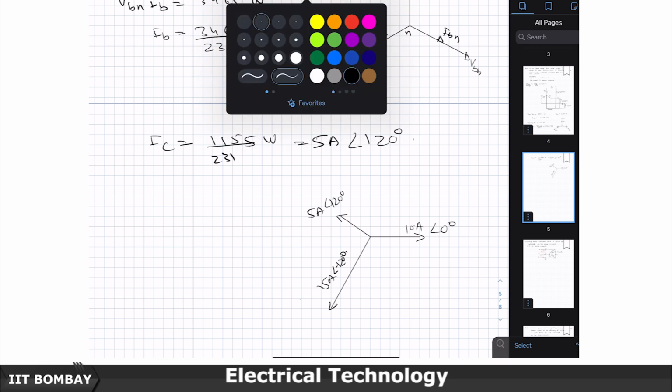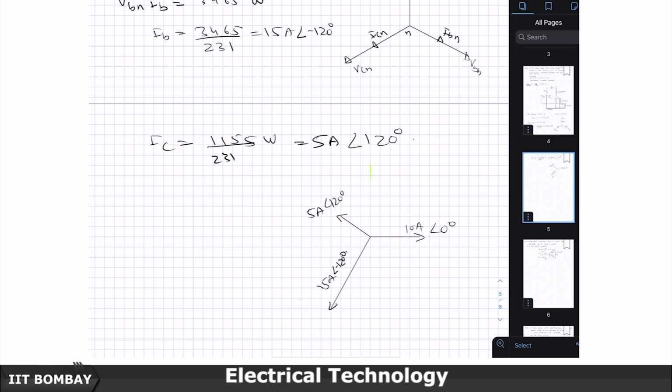So, let me sketch a vertical line as a reference here.